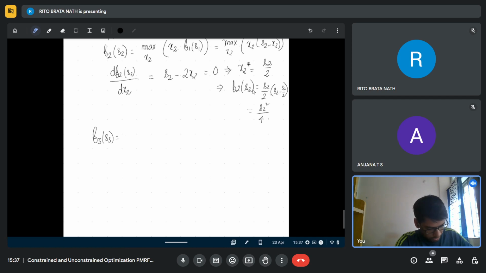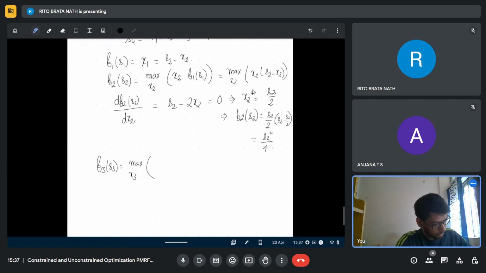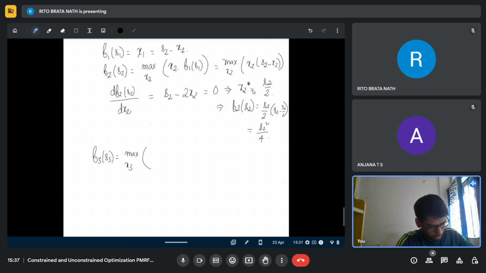So now you can maximize with respect to x3, and you have the rest of the terms, which is x3 times f2 of s2, and you can write it in terms of x3, and this is s2 squared by 4.